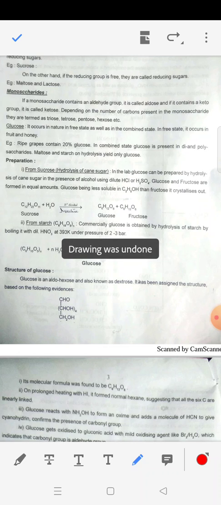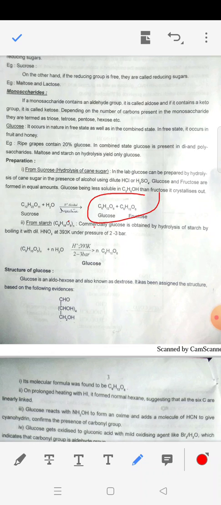After hydrolysis, it forms a mixture of glucose and fructose, and fructose, being levorotatory with more optical rotation, makes the final solution levorotatory. So there is an inversion in the rotation, and that's why the enzyme used here is called invertase. The whole process is called inversion of sugar, and this mixture is called invert sugar.